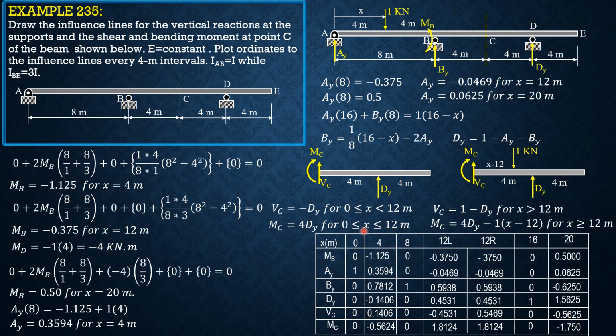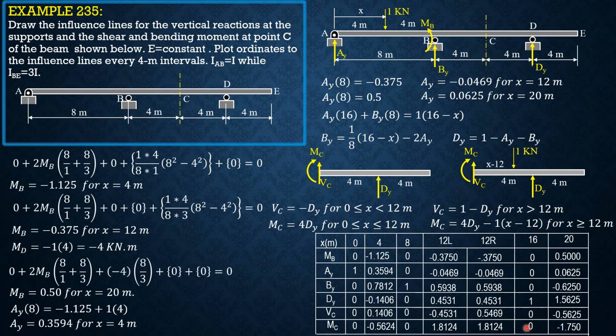For MC, this is the formula up to 12, and this is the formula for x greater than or equal to 12. So dy is 0, so 4 times 0 is 0. 4 times negative 0.1406 is negative 0.5624. 4 times 0 is 0. Then 4 times 0.4531 is 1.8124. Same is true here, 12 to the right.